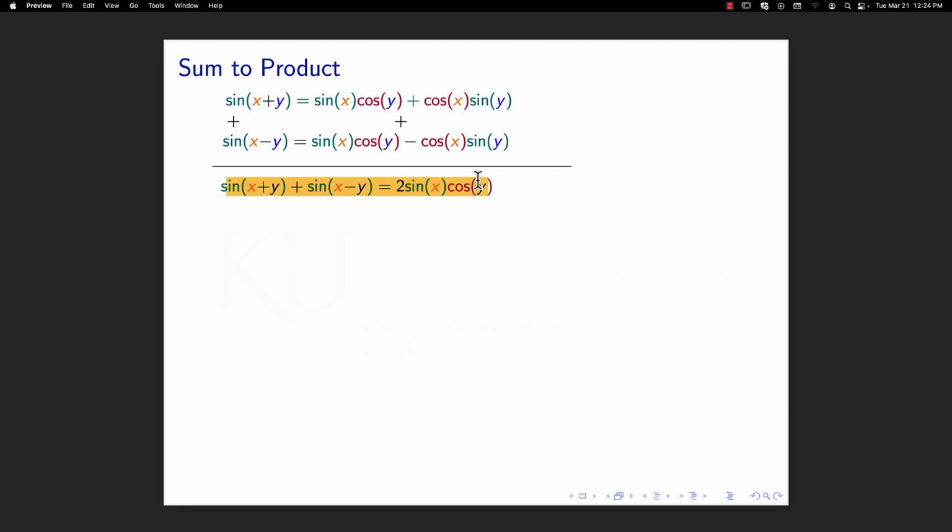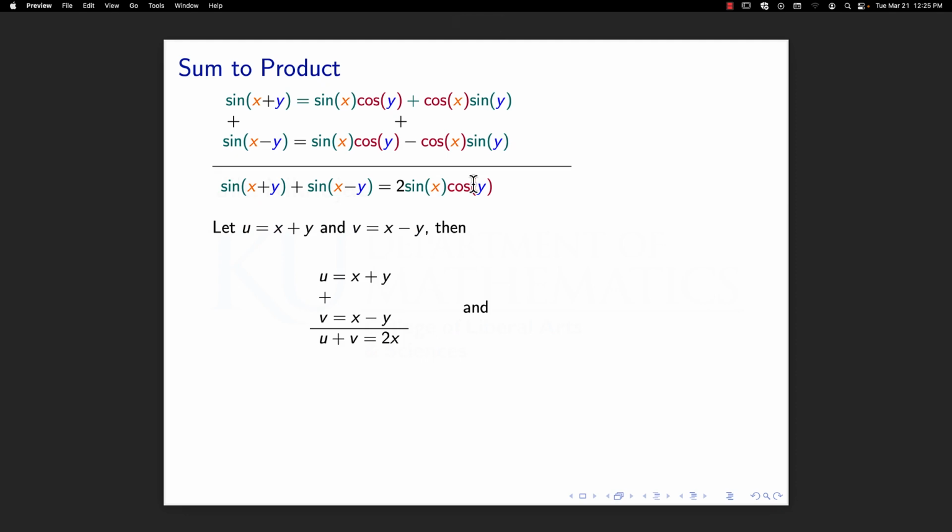Therefore, we're going to assume that x plus y and x minus y are two new variables. I'm going to assume that x plus y is the u variable and x minus y is the v variable. So I can replace x plus y in the formula by u and x minus y by v. The only problem is, how do I replace x and y?